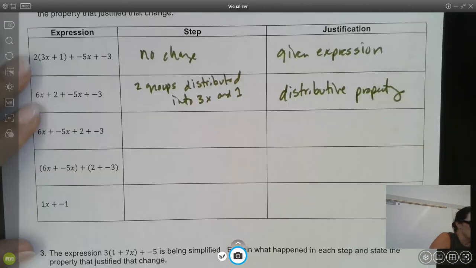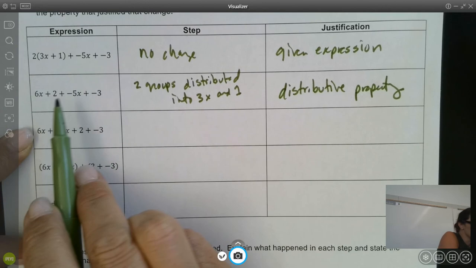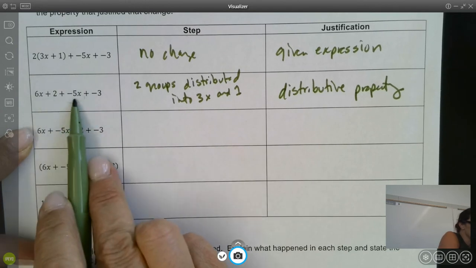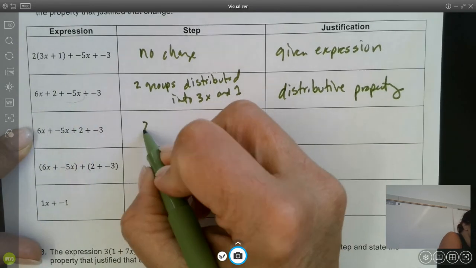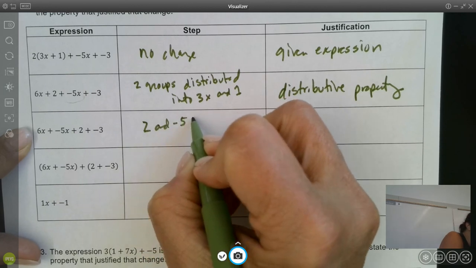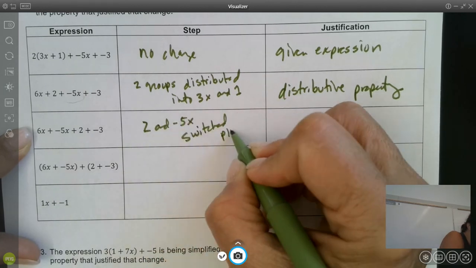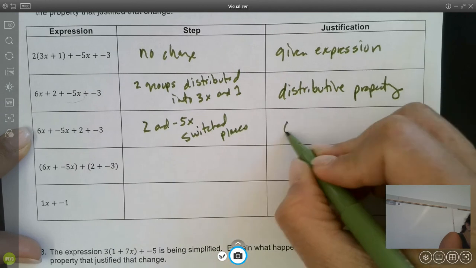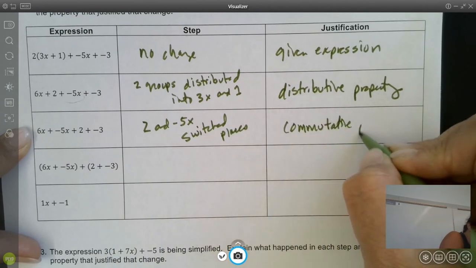What happened from here to here is it looks like this 2 and this negative 5x came off the paper and flipped around. 2 and negative 5x switched places. That is the commutative property.